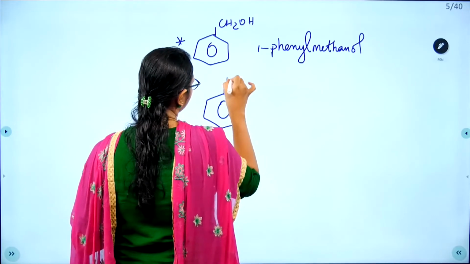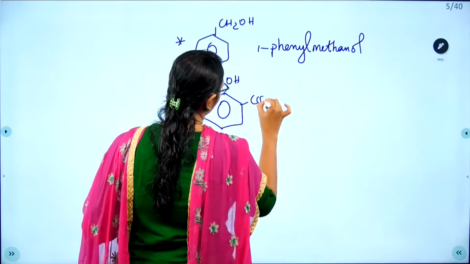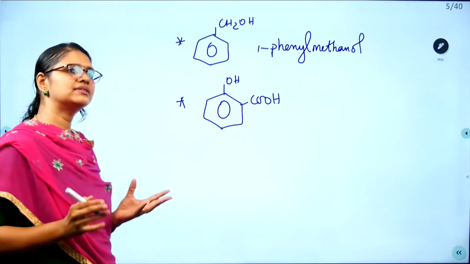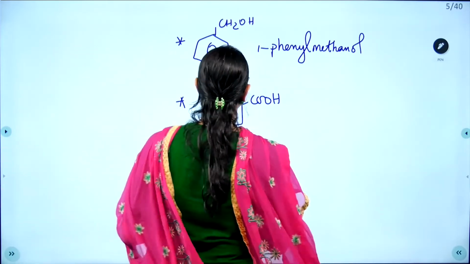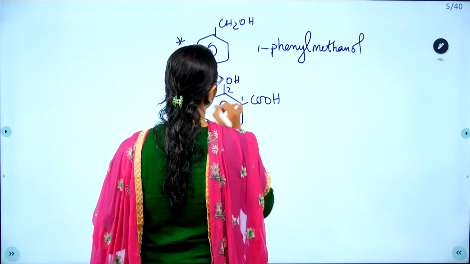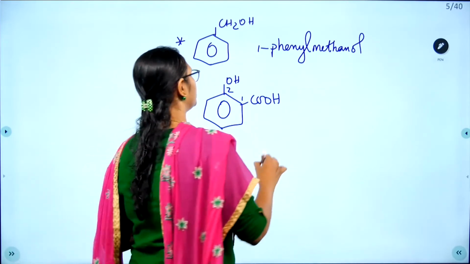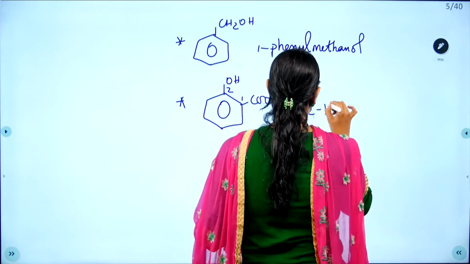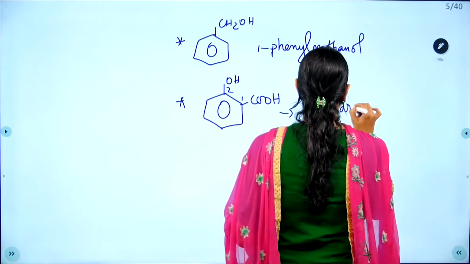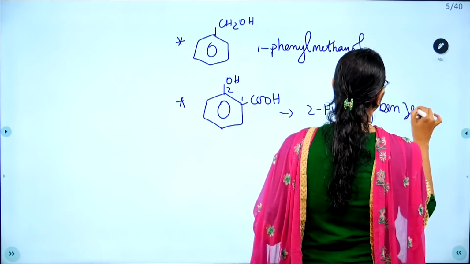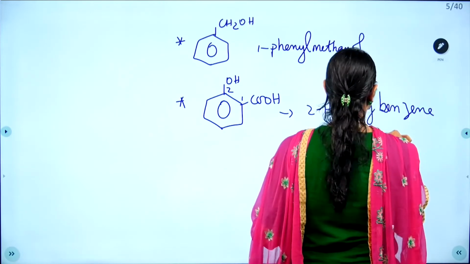I have an OH and I have a COOH. How will you name it? The preference goes to the acid, so the COOH carbon is 1 and the OH carbon is 2. Whenever OH is used as a substituent, you name it as 2-hydroxybenzene carboxylic acid, or benzoic acid.